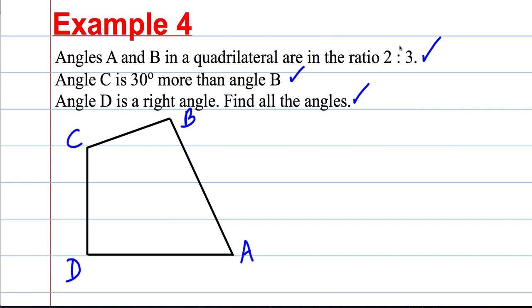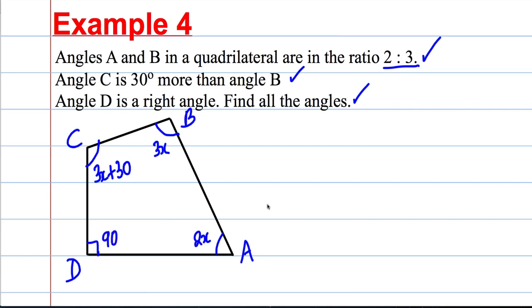Now, angles A and B are in the ratio 2 to 3. So if we say that this is equal to 2x, this angle here must be 3x, okay, using the ratio argument. So introduce algebra. Angle C is 30 more than angle B, so angle C must be 3x plus 30, and angle D is 90.